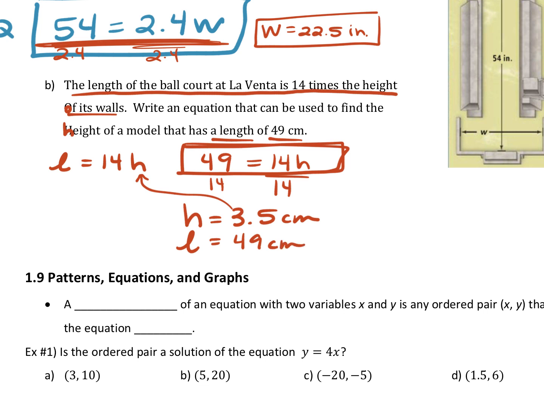So that's how you can double check that you're where you want to be, right? They told you the length is 49. Your equation would be this. Your answers, if you were finding length and height, would be those. Okay, so setting up an equation. Questions on any of that? All right, that is it.